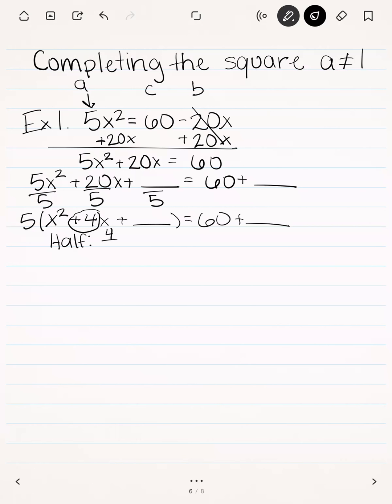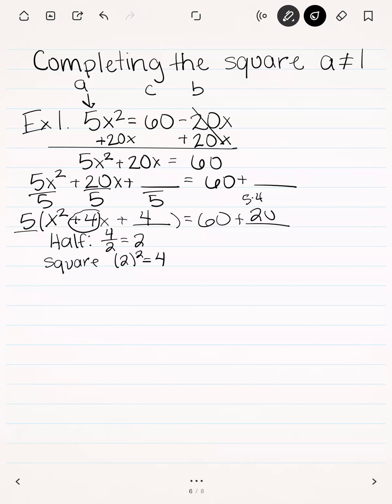So half of 4 equals 2, and then I square it. So 2 squared equals 4. So 4 goes in this blank. Now, in order to fill out the other side, I have to remember I have to multiply that 4 by this 5 in order to come over to the right side. So 5 times 4 is 20.